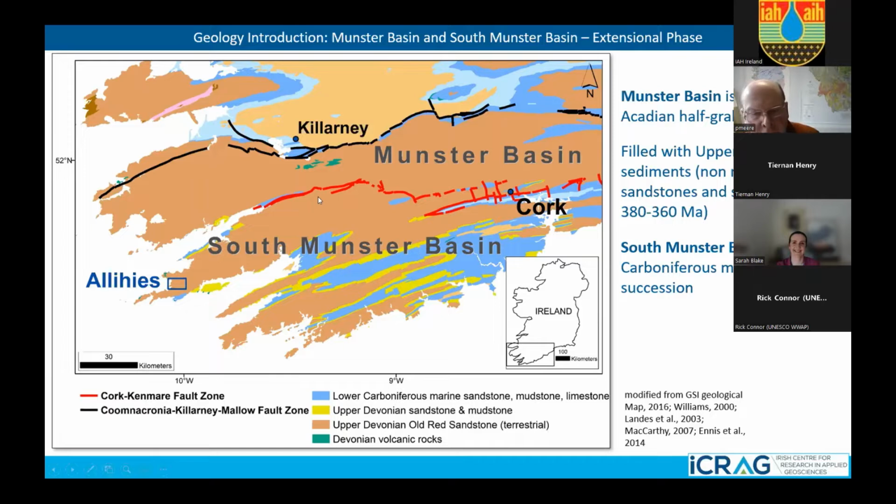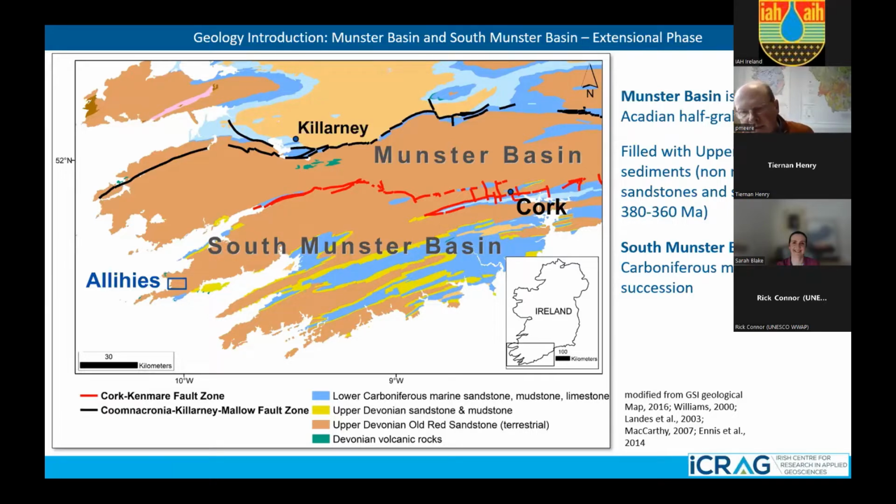At the end of the Devonian, we have the superimposition of an intra-basin fault system. We're calling this the Cork-Kenmare fault, which is marked here in red. It divided the earlier basin into a region to the south, which we call the South Munster Basin.